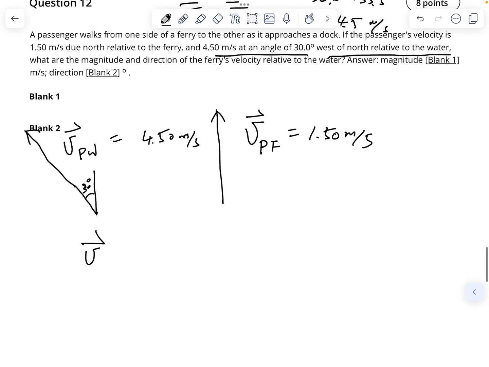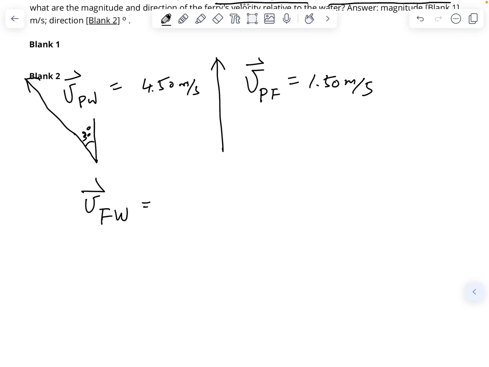So we're looking for the ferry's velocity relative to the water. So this equals V ferry to passenger plus V passenger to the water. You see, make a closed loop: ferry to passenger plus passenger to water equals ferry to the water.